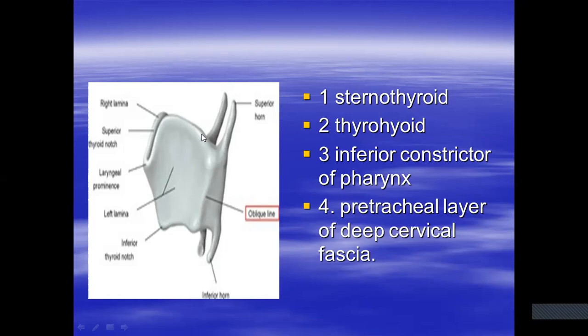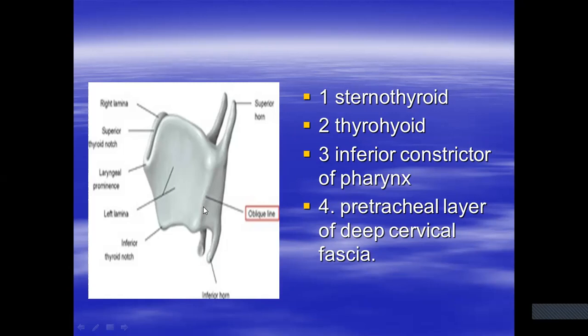On the lateral aspect of each lamina, there is a line known as the oblique line. This oblique line runs downwards and forwards.